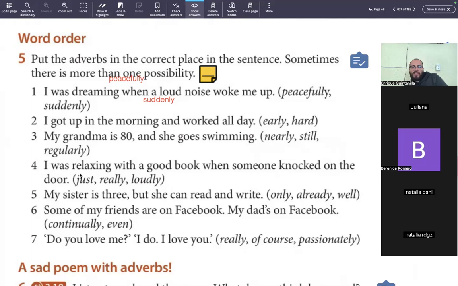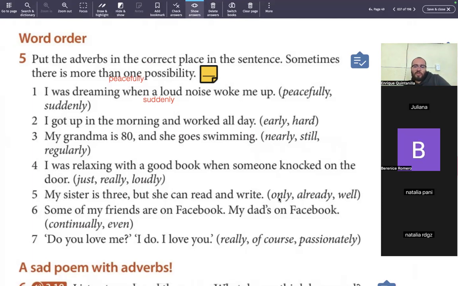They have to be in order. So you have to put the adverbs in the correct place. My sister is only three.